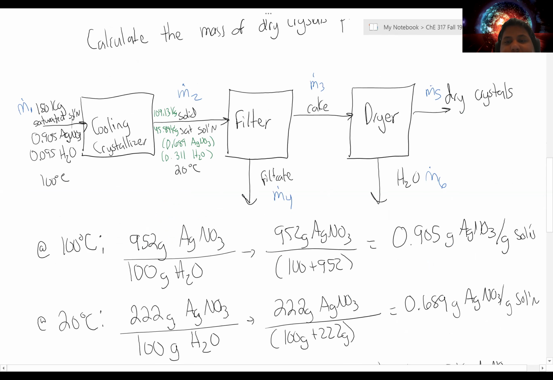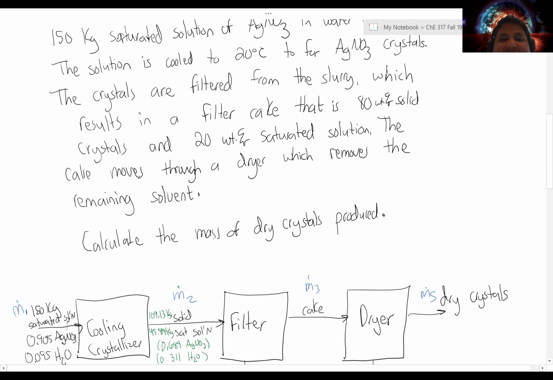And so now I have that information associated with what came into the crystallizer and what left. And so now I can look at the filter. And looking at the problem, it said the filter system filters the majority of the solution from the dry crystals. However, the cake that remains is 80 weight % solid crystals and 20 weight % saturated solution.